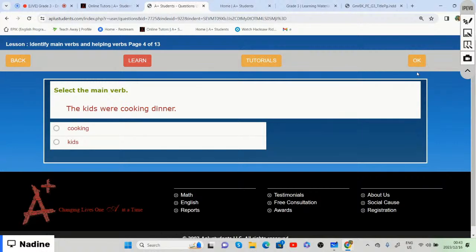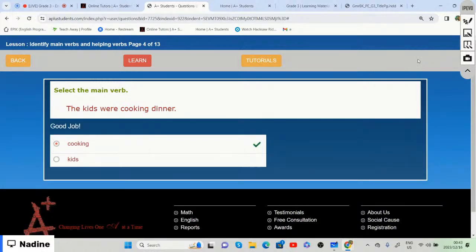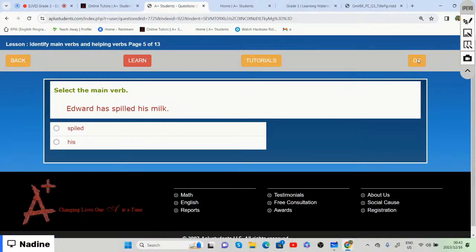All right, so if we were to select our main verb, then it is cooking. Cooking is our main verb. So well done, great job.